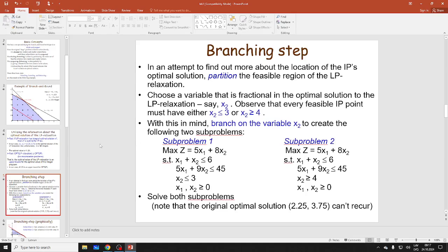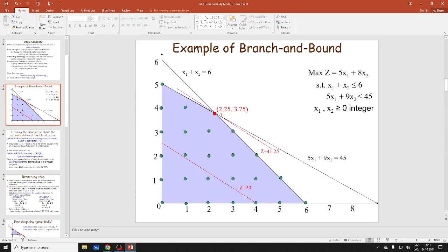We observe that x2 could take a value of 3 or less, or 4 or more. It has to be 4 or 3, it cannot be 3.75. So branching means dividing: we divide the solution space into these 2 areas.